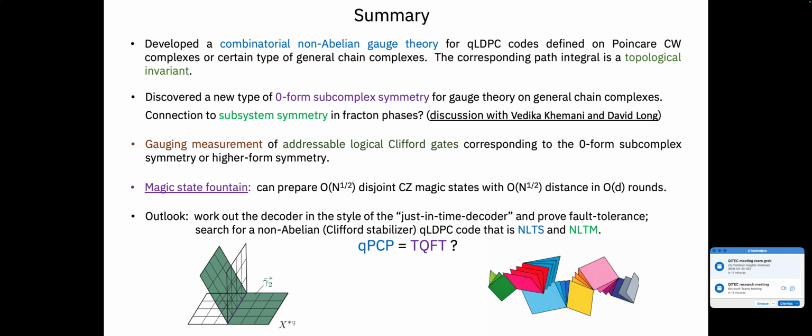But I guess the main worry about practicality is that the model itself is slightly more complicated than Pauli stabilizer models. It's all these large Clifford stabilizers, and the decoder is also more complicated. So if you want to make it practical, there's some barrier.